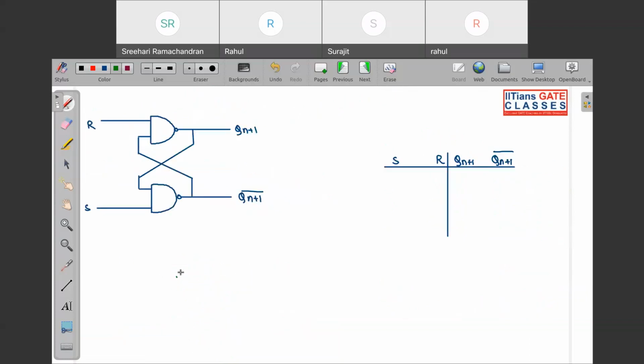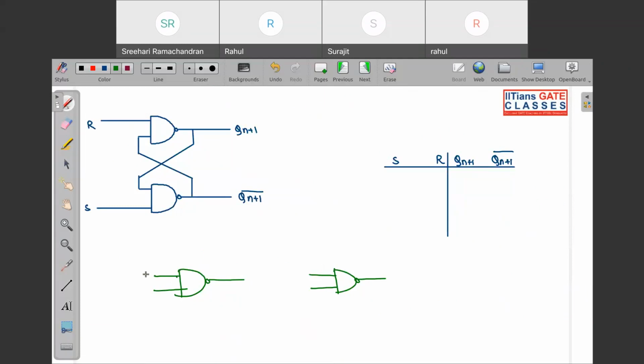But in NAND, so this concept is a little bit tricky, and usually I don't teach it. I will just tell you, but if you are not able to understand, it's okay.